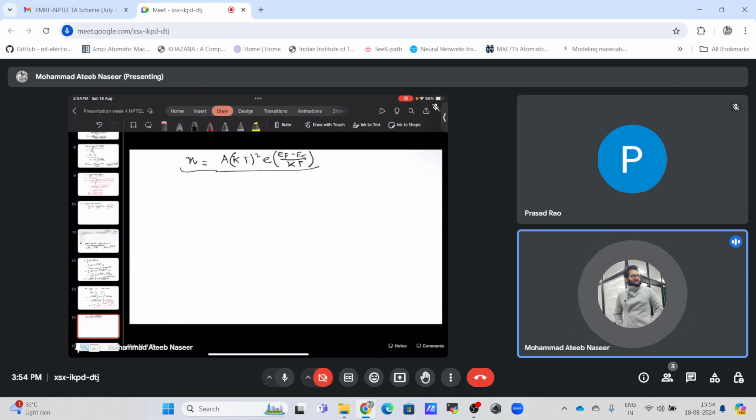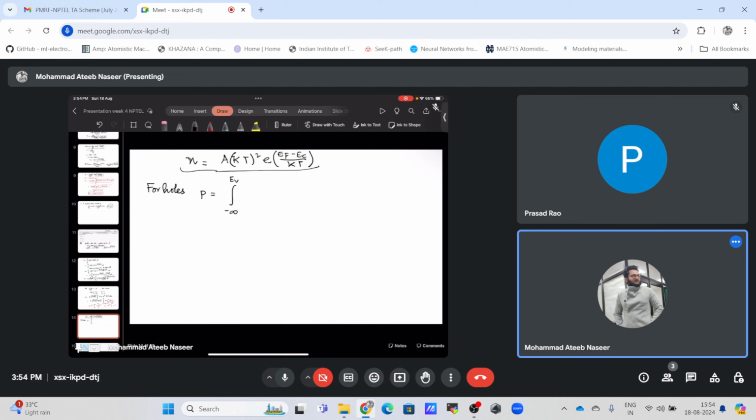Now for the holes, it is the same. The holes are there in the valence band. So the limit will start from minus infinity and end at EV. Let me be clear, it's not actually minus infinity. We have taken it to be minus infinity because we know that this Fermi distribution or the Boltzmann distribution is a decaying distribution.